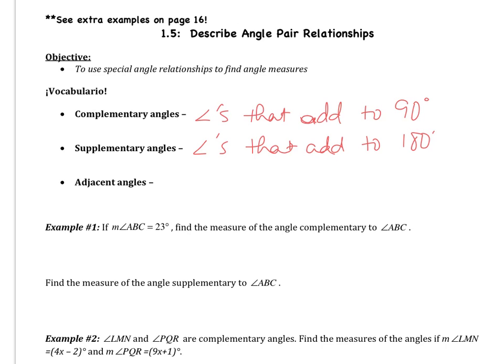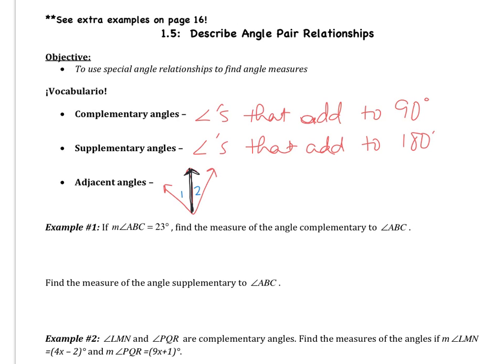So adjacent angles are simply angles that are next to each other like this. Okay? So like angle 1 and angle 2 are next to each other. The key concept to this is understanding that they share a side. They have to share a side, and we talked about sides of an angle yesterday. Okay? Questions with that? All right.